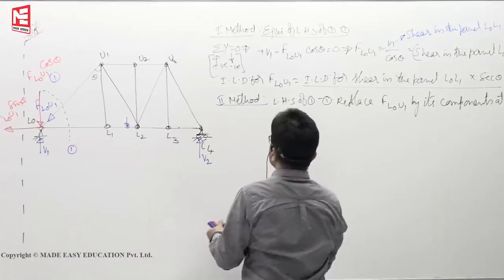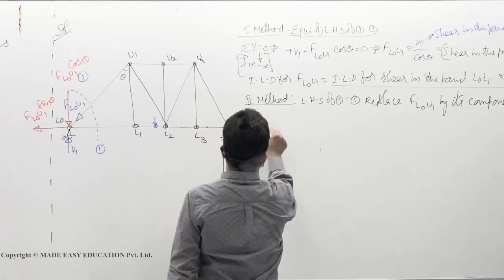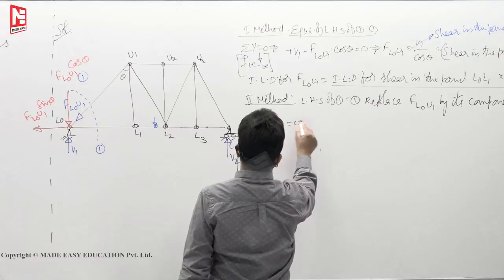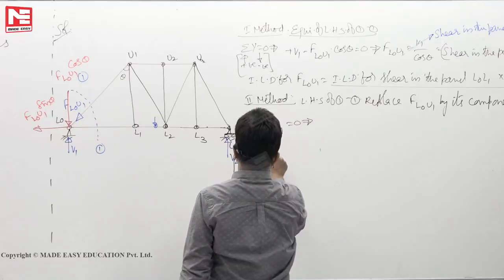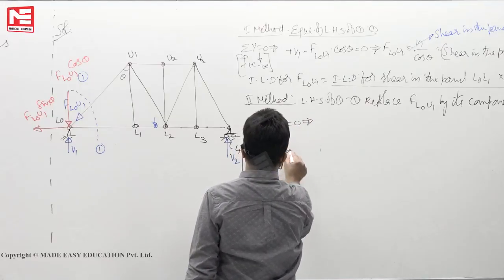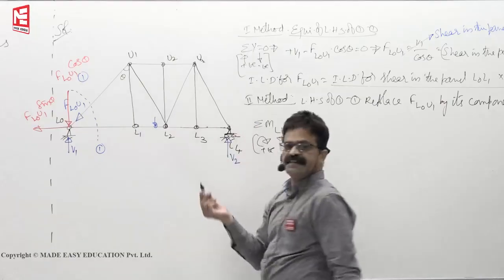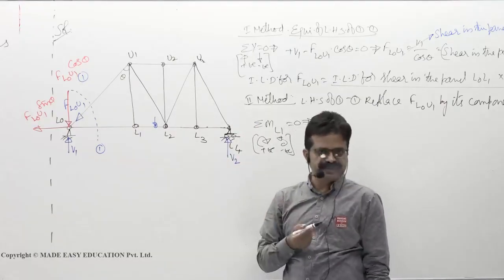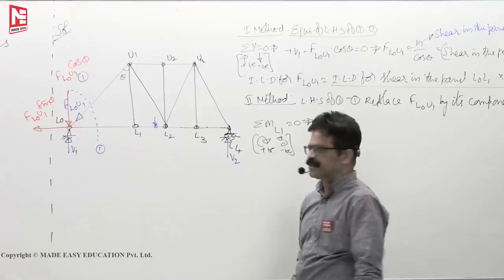Now I can use sigma M0 also. Moments of all forces about L1 is equal to 0. Who knows, if I didn't get the idea of sigma Y equal to 0, I want to use sigma M0 say. Still acceptable only.